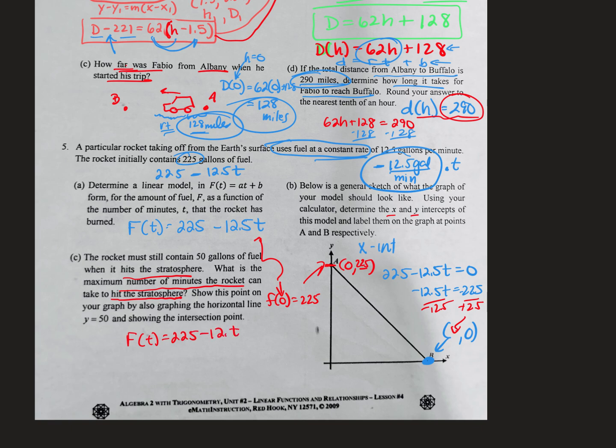We got to have at least 50 gallons, or 50 gallons exactly. So just set it up like this and find out. That's 12.5 t. What makes it equal 50? That's just a two-step solve again, right? Subtract your 225, divide away negative 12.5, you'll get your t. All right, so I think you can finish that.